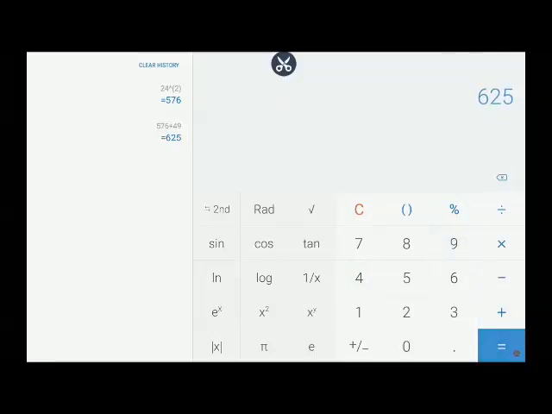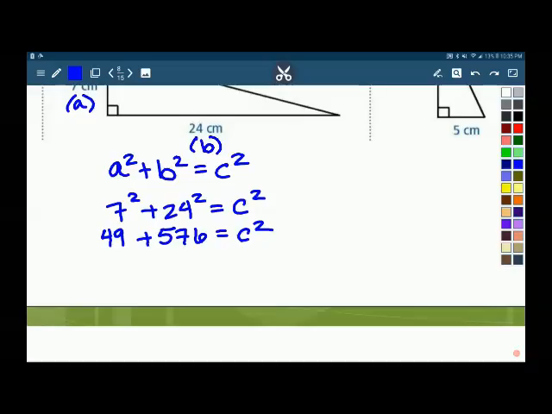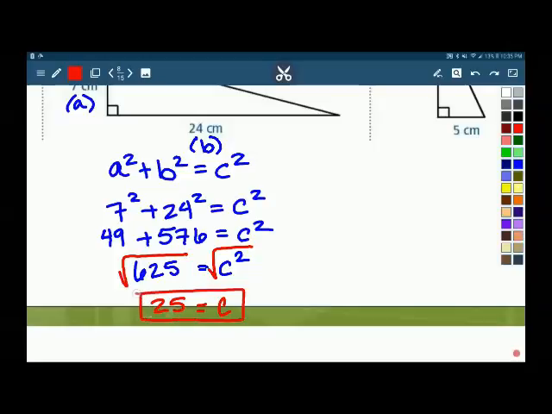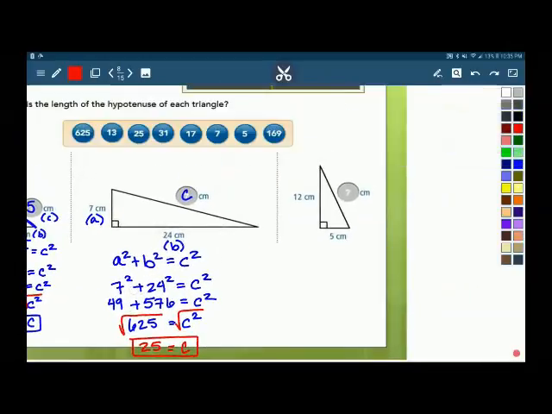That gives me 625. So I've got 625 is equal to C squared. And then I just need to square root both sides. So that gives me that C is equal to, and I actually remember this from the previous example, if we were to square root 625, we're going to get 25. So the third side length, or the hypotenuse here, C is going to be 25 centimeters.